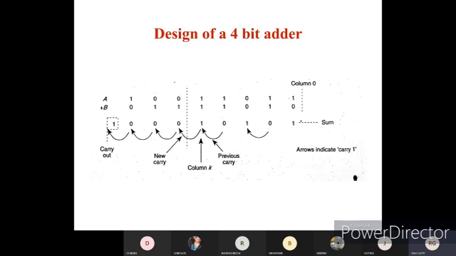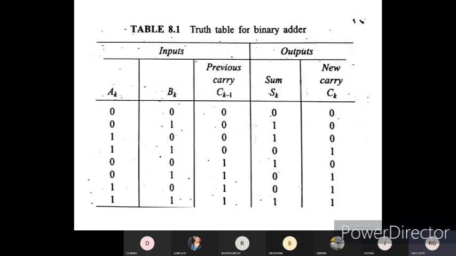Okay, so this is the design of the 4-bit adder. In the design of this 4-bit adder, we have taken a single adder, that is, a single basic unit which adds the two given numbers. Based upon that, we have written the sum and carry expressions. You can see in the given table it is a 3-bit adder that we have taken.